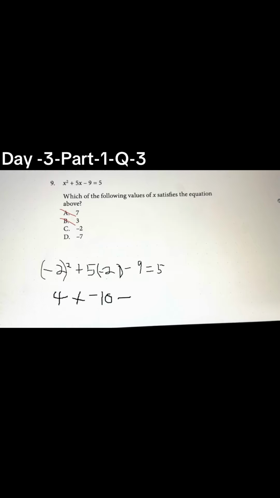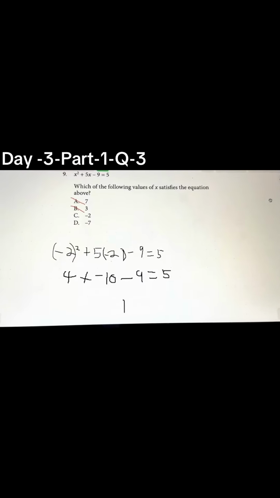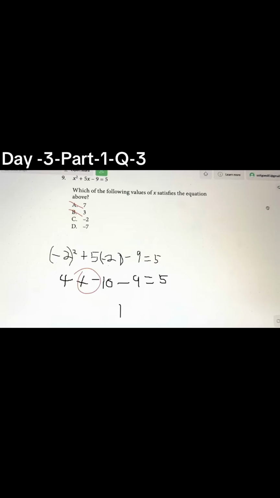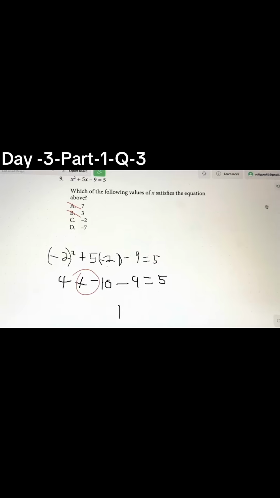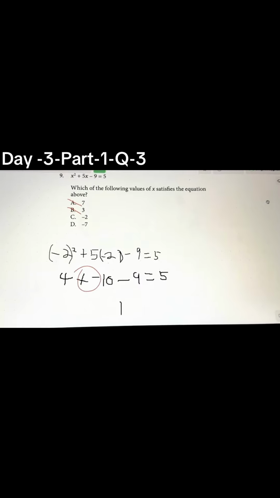I would just do this. And I don't think we even have to calculate that. Is that going to give us 5? What's 4 minus 10? Notice you've got an addition and a subtraction sign. If you're adding a negative, what does that mean? So 4 minus 10 is going to be 6.